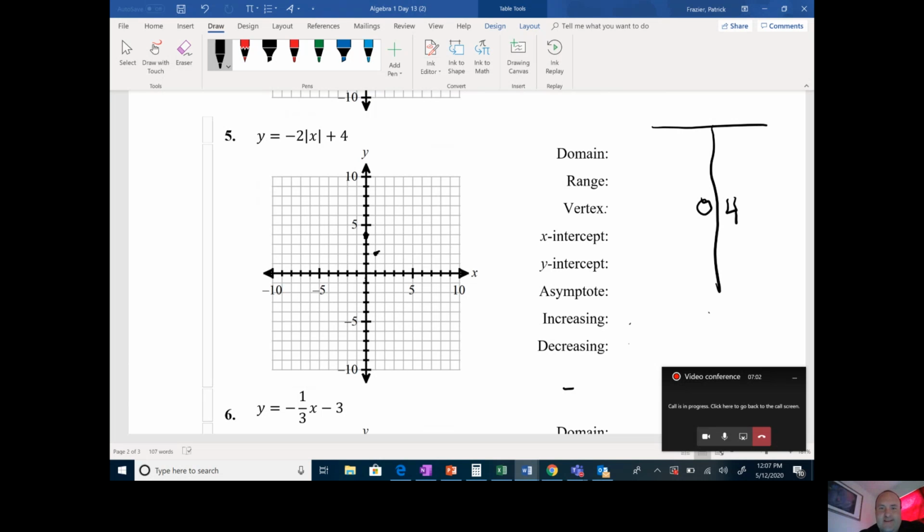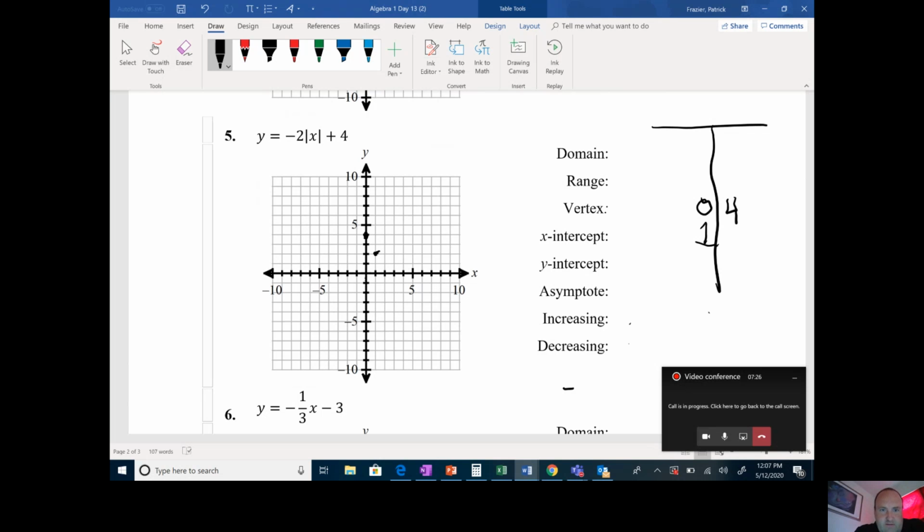Next, 1. When x equals 1, if I plug in a 1 for x, the absolute value of 1 is just 1. It's 0, 1, that's 1 space. Or if I went -1, that would also be 1 space. So absolute value is 1.